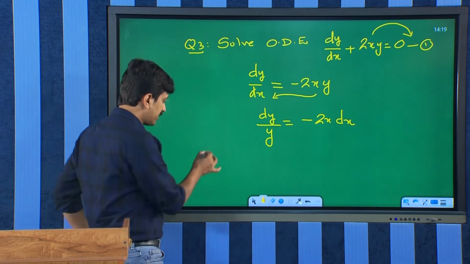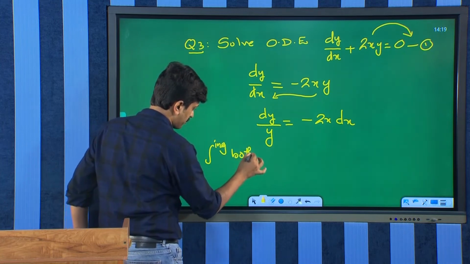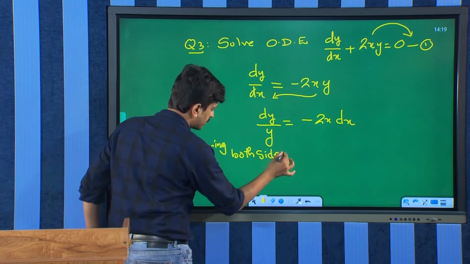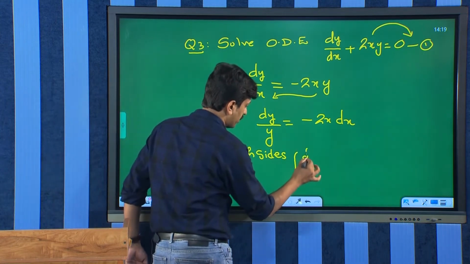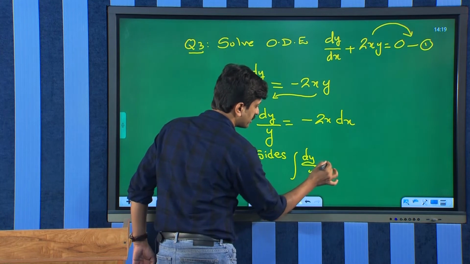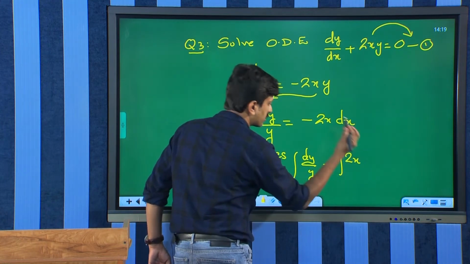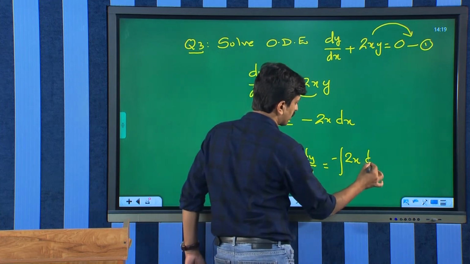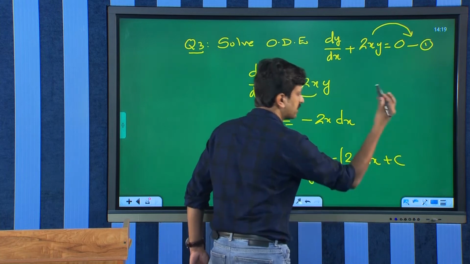So, we can integrate both sides. So, integrating both sides, we have the integral of dy by y is equal to the integral of minus 2x dx plus c, the constant of integration.